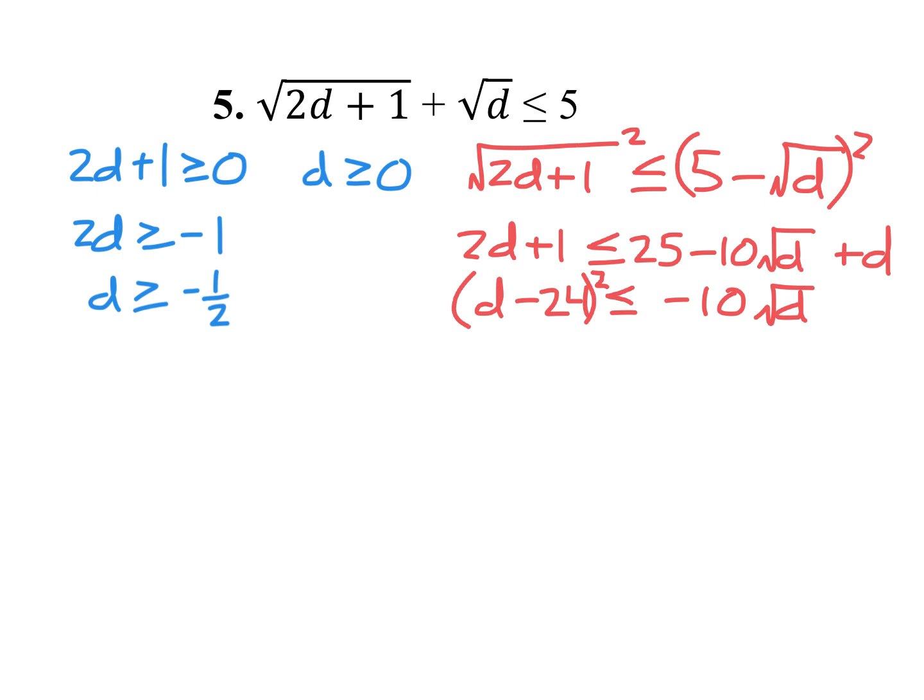Because I don't really want the fractions, I'm just going to square both sides now. Squaring d minus 24, I get d squared minus 24d minus 24d makes minus 48d. 24 squared is 576.